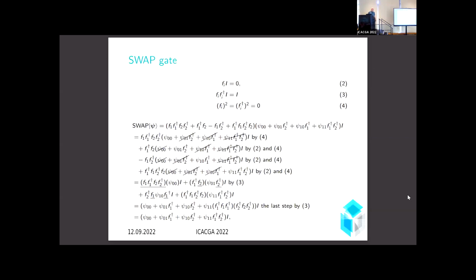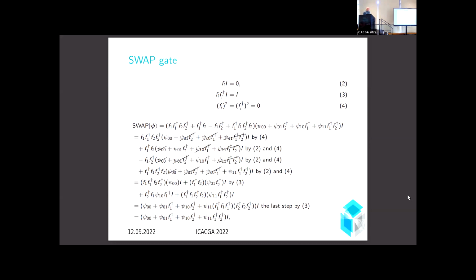On the other side, we can look at how it works. These three identities I label 2, 3, and 4. Now I have the swap gate, which is this element, and I have a general 2-qubit state, which is this element. This multiplication is just multiplication in our geometric algebra, so we can use distributivity and associativity.